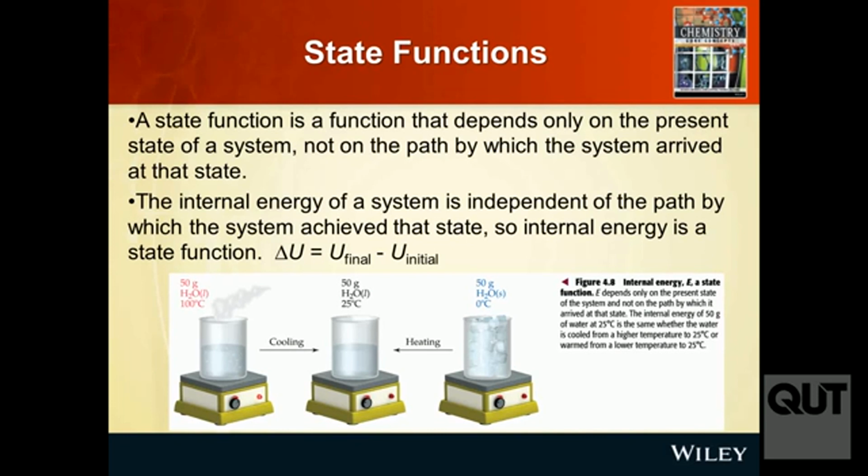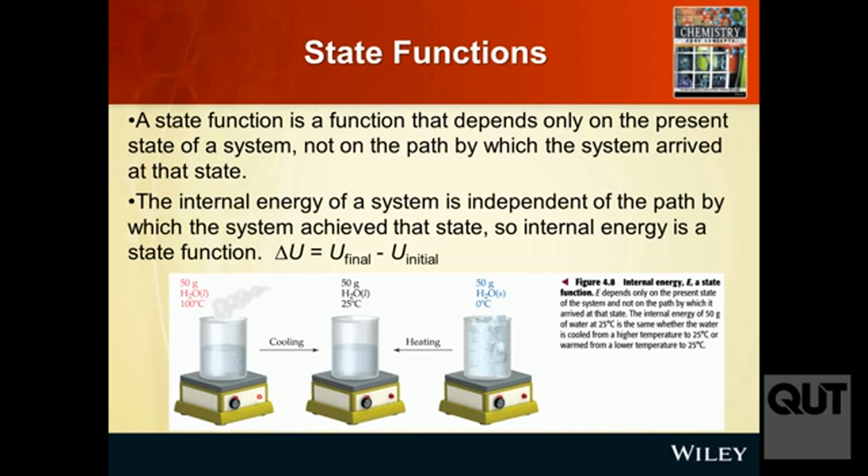So, in other words, if you stick a thermometer into a beaker and you measure the temperature to be 100 degrees, that's the temperature of the water in the beaker at that particular moment. So what you've done is you've described the state of the system. A state function describes the state of the thing, but it doesn't tell you how it got there.